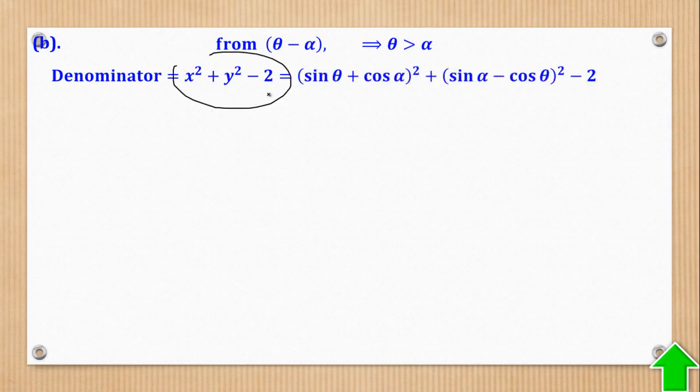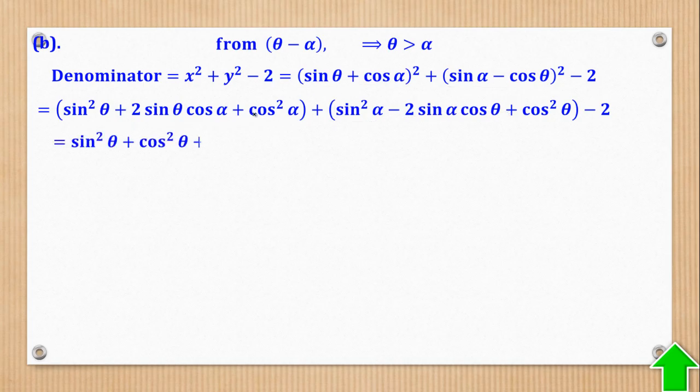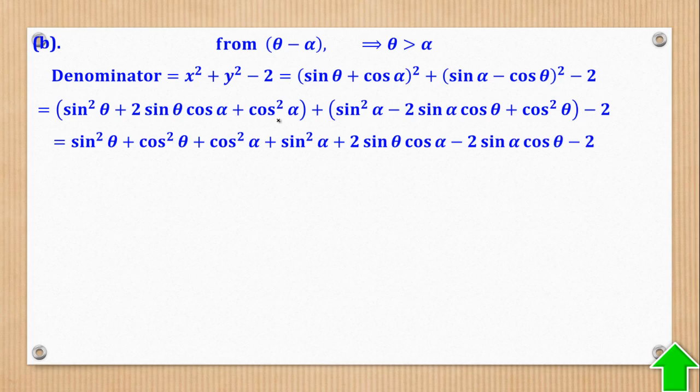This is the denominator, substitute for x, substitute for y, then expand. This squared gives you this, and this squared gives you this. Then from there, you can collect like terms. You see this, this, and this can be paired to give you this. Okay, this and this can be paired to give you this.